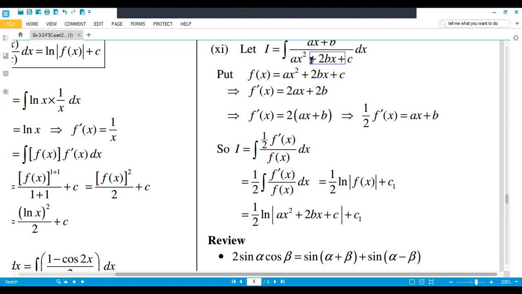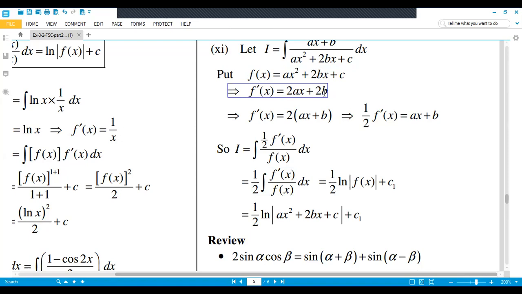If you take the derivative of ax square plus 2bx plus c, the power comes as a coefficient, 2ax, and from the power we subtract 1, so x to the power 1. For 2bx, dx over dx is 1, so 2b will come, and c is constant, so 0. So the derivative of ax square plus 2bx plus c is 2ax plus 2b.